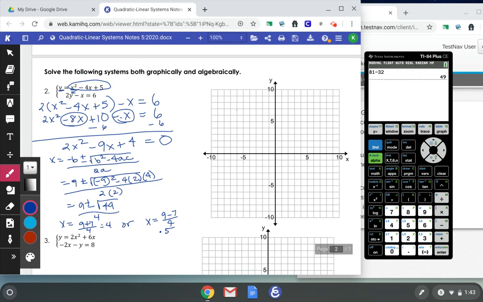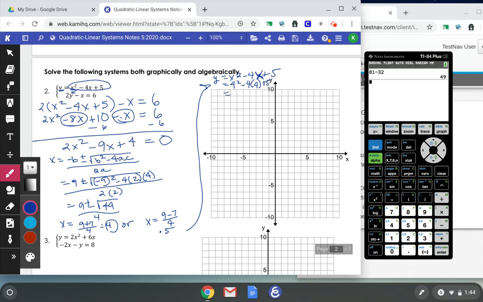Okay. I'm going to use the top equation. I'm going to come up here. So y equals x squared minus 4x plus 5. I'm going to plug in, let's start with 4. 4 squared minus 4 times 4 plus 5.